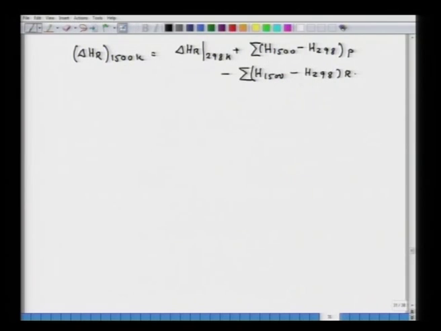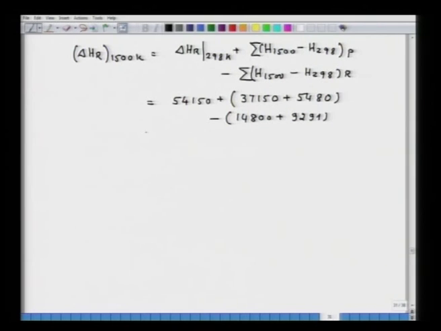Now, the values are already given, so I am straightway substituting the values: 54,150 plus 37,150 plus 5480 minus 14,800 plus 9291.